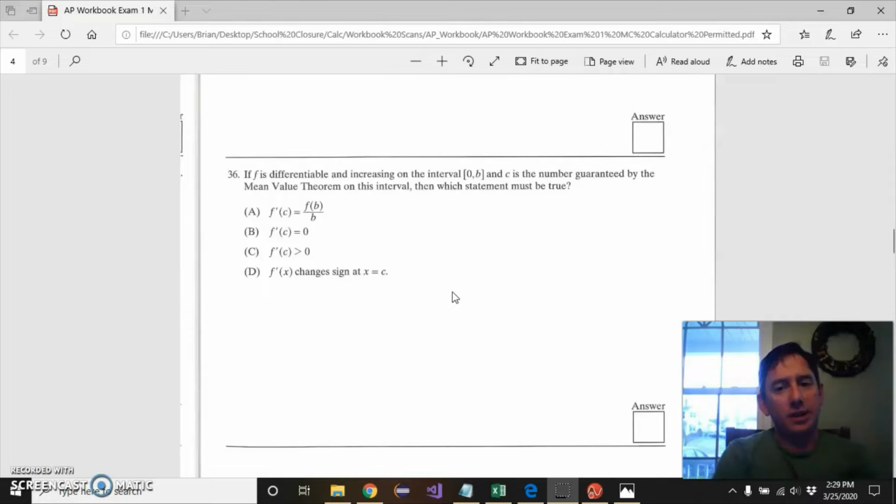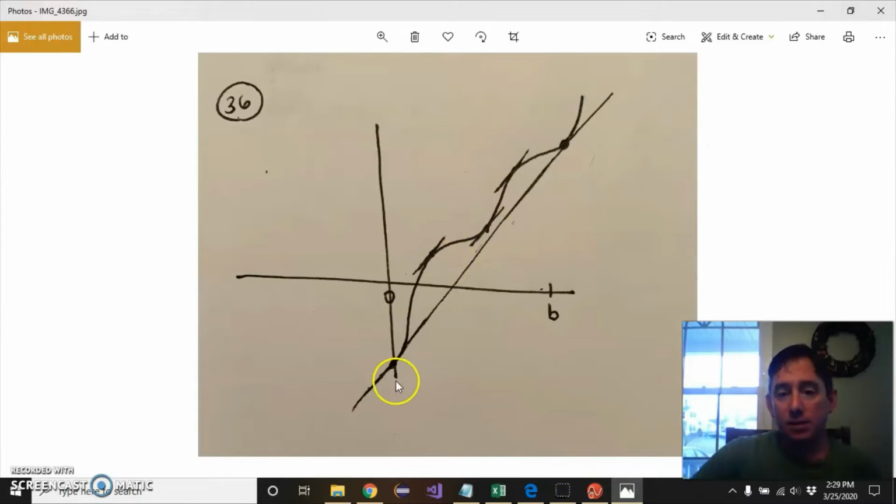All right, number 36 here, we're trying to apply the mean value theorem over some interval from 0 to b on a function that is differentiable and increasing. That's all we know about it. So it might look something like this, over the interval from 0 to b. Here's something that is just increasing the whole time.